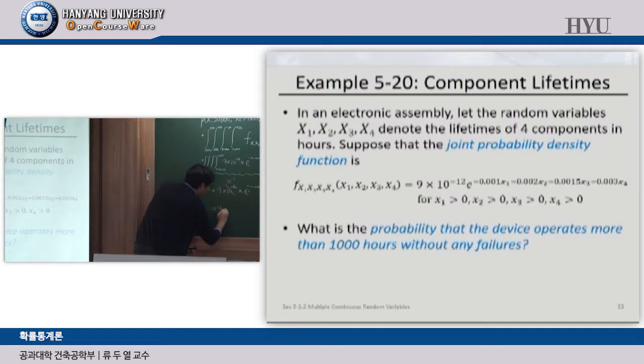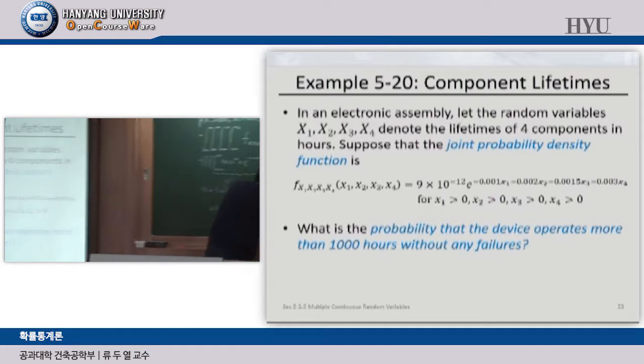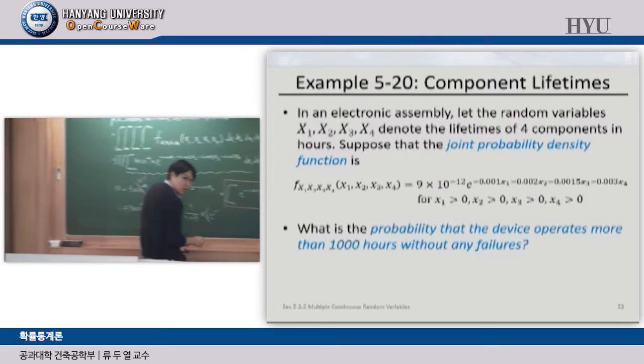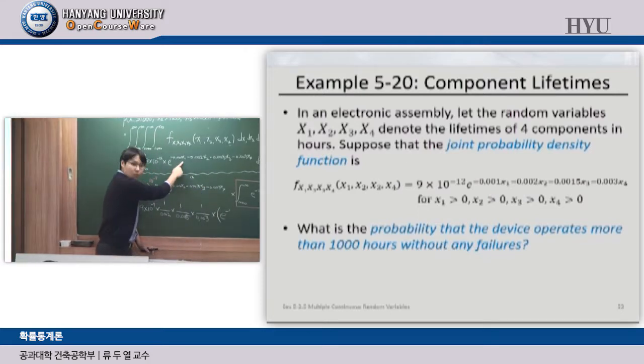That is 9 times 10 to the minus 9th power times 1 over 0.002 from x2, times 1 over 0.0015 from x3, times 1 over 0.003 from x4, and there is an exponential minus 1 here from x1.